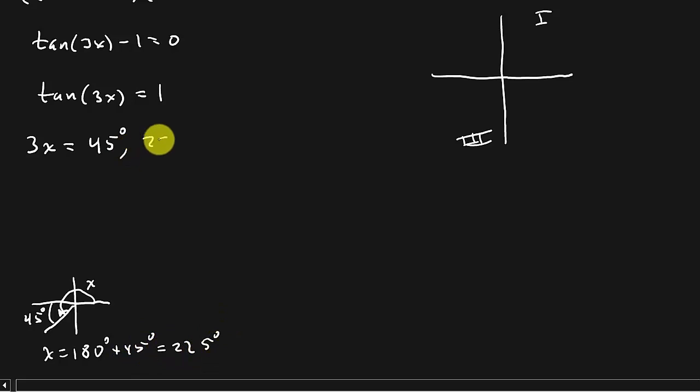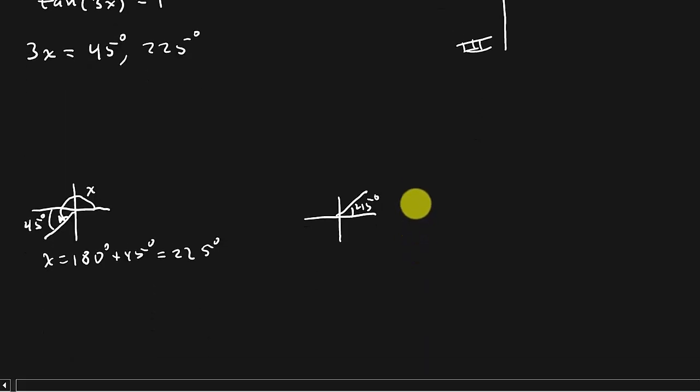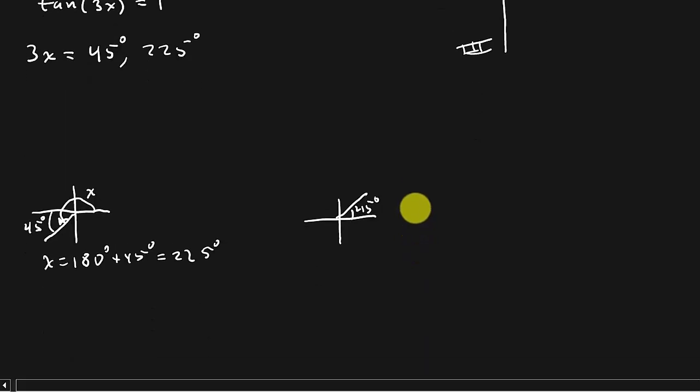So that's 225. Remember, I've got my first quadrant angle, that's 45. And like I said, you really need to watch the first and second video, because that's all the second video is, these multiple angles. So go back and watch those, because I'm not going to go into as much detail in this video on the multiple angles.